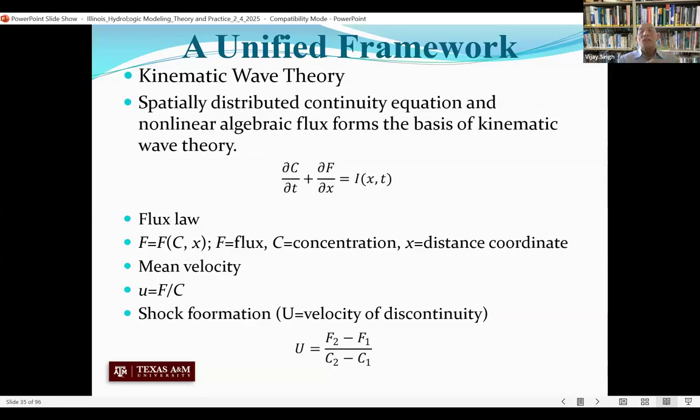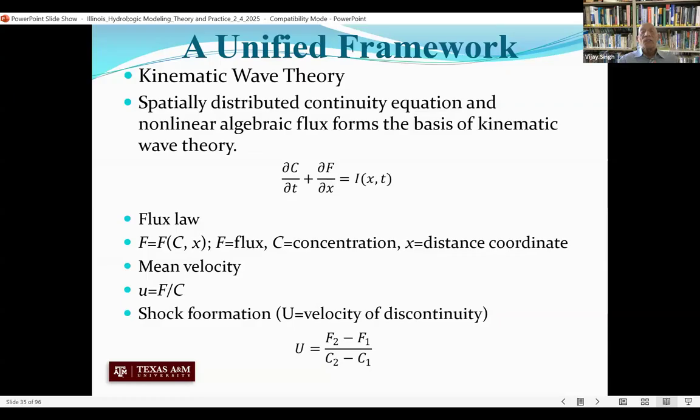In the kinematic wave theory, C is concentration, capital F of x is the flux, and I is nothing but the input function or the forcing.